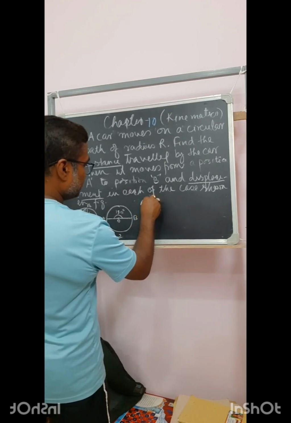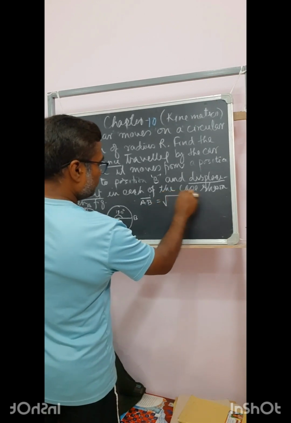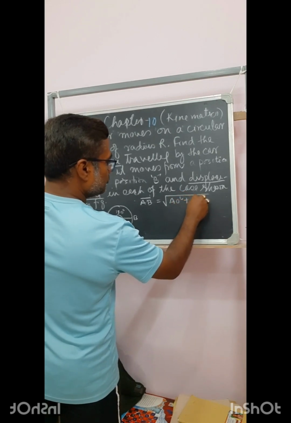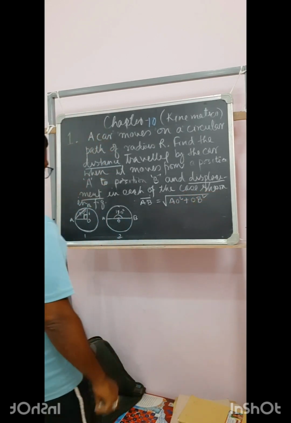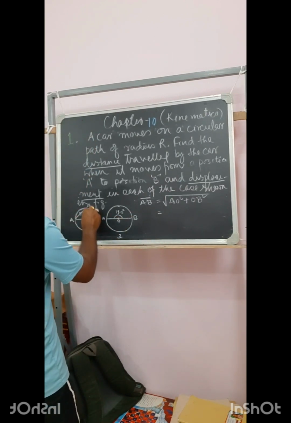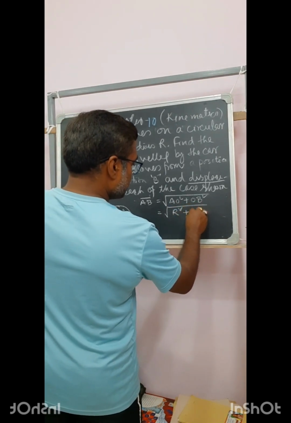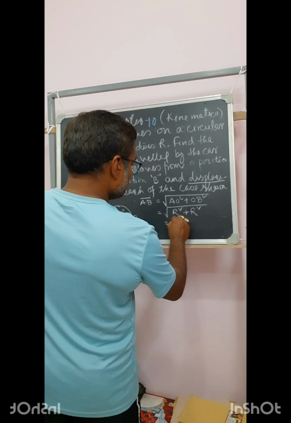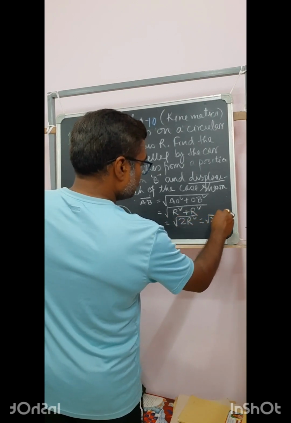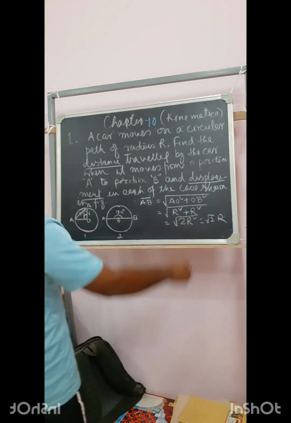So the straight length AB will be given by under root of AO square plus OB square. So what is AO? AO is radius, OB also radius. So this is under root of r square plus r square, that is equal to under root of 2r square, that means equal to root 2 r. So the displacement for first case is root 2 r.